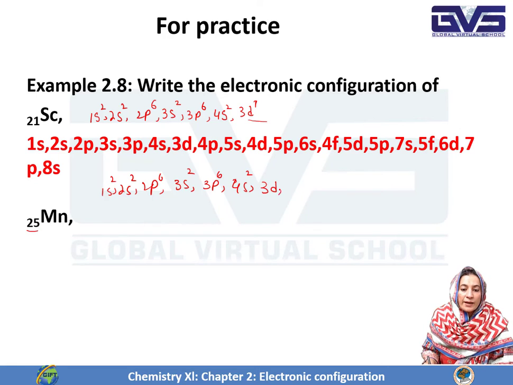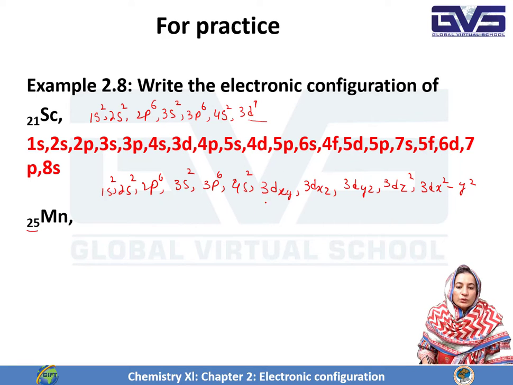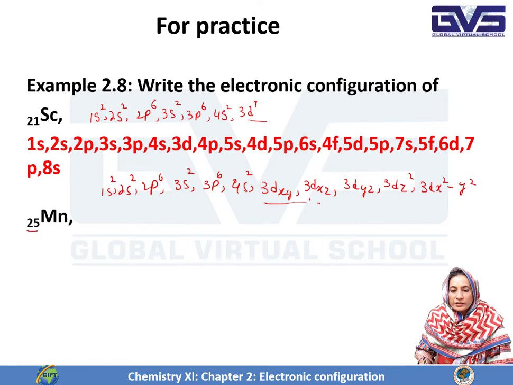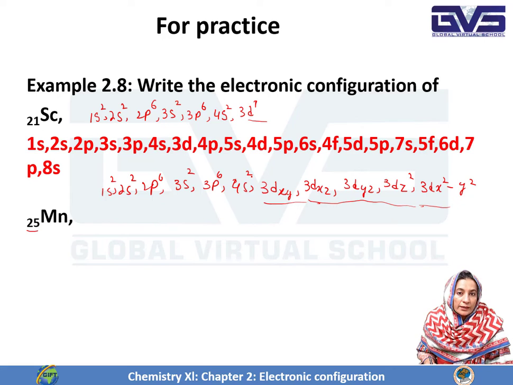So I am expanding the 3dxy, 3dxz, 3dyz, 3dz square, and 3dx square minus y square. So these are now the degenerate orbitals you have. Up till now there are 20 electrons.